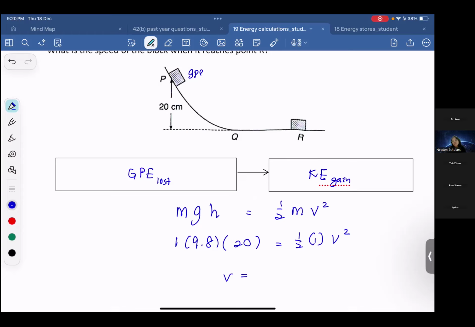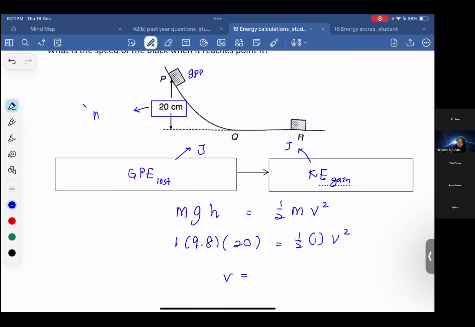Zihua? Negative? No. All are positive, nothing to get a negative. Unit, dear. Unit. As I told you, all this energy is in joule. So at here, 20 cm, actually we cannot straightly use it.